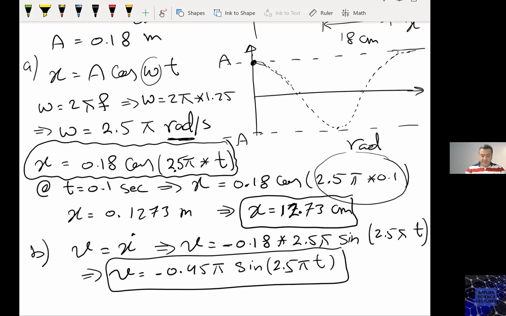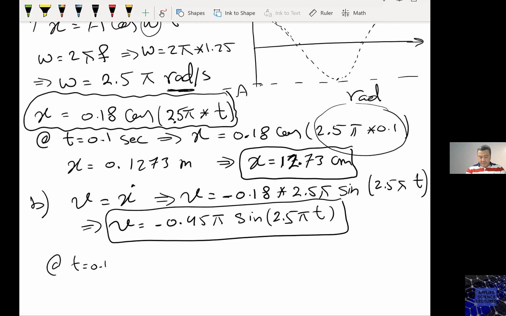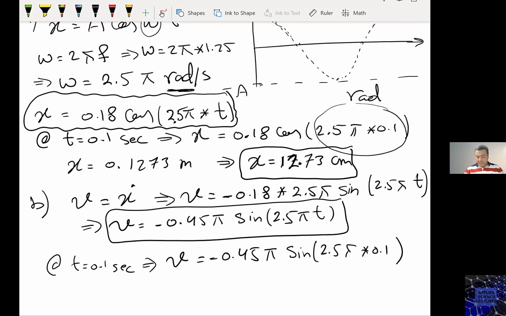This is the function. Now at t equals 0.1 second, I have v equals, again, minus 0.45 pi sine 2.5 pi times 0.1.